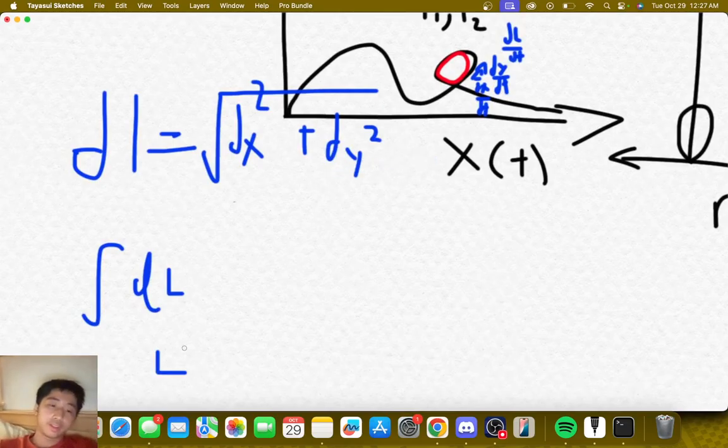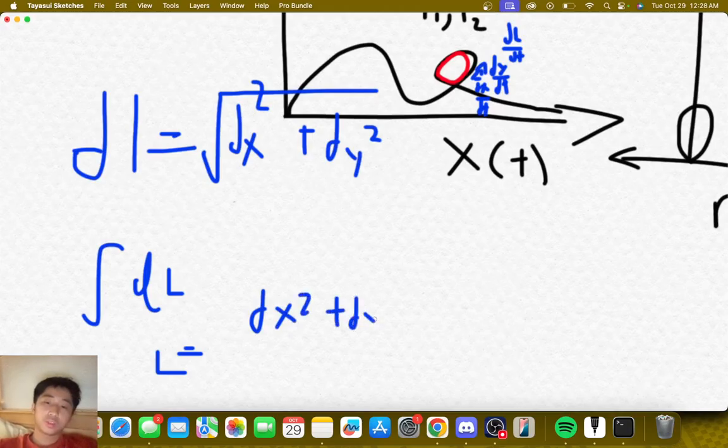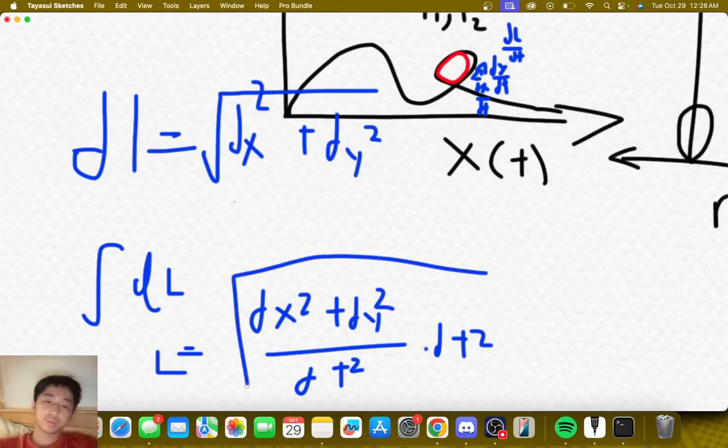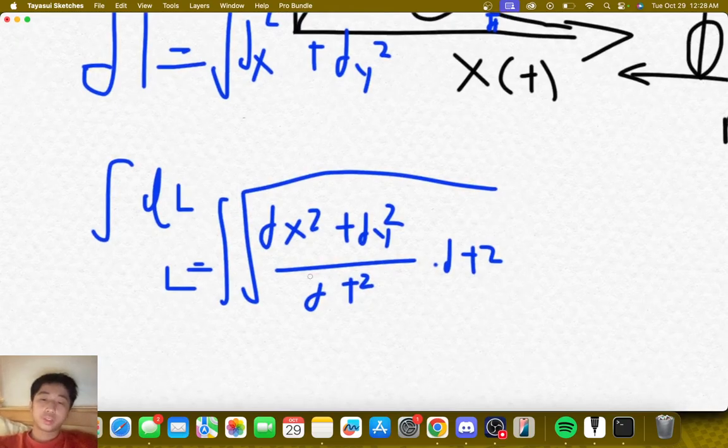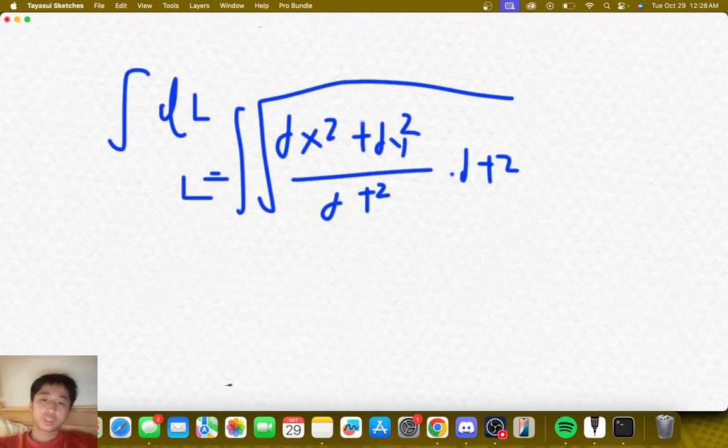So this would just be L, and then we're gonna have dx squared plus dy squared over dt squared times dt squared, so the equations are balanced. Okay, and then integral. And notice how you can just separate these two into dx over dt squared.